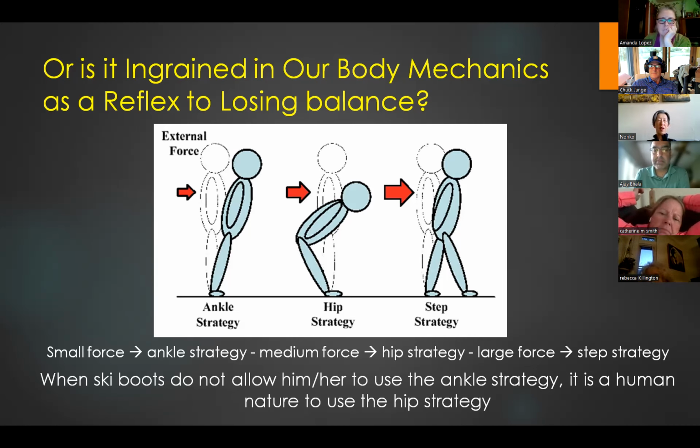When you are standing and, say, an earthquake happens, or when you're riding a train or bus and it suddenly jerks, it is ingrained in our body that initially we try to adjust by moving our ankles. We have the gyroscope in our head thinking, oh my God, I'm going to fall. When that happens, first we try to do it with the ankle.